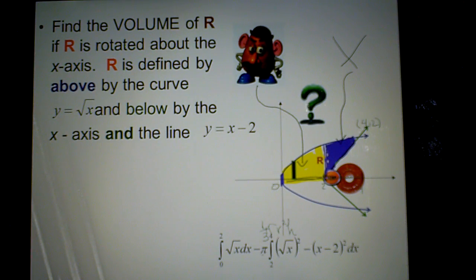And this time, notice I did potato chips from 0 to 2 of root x, because this strip stopped here at 2, and I was defined all by the x-axis and root x, minus the lifesavers from 2 to 4, and this is big R squared minus little r squared, because the larger radius was up to the square root function, and the smaller one was to the line.